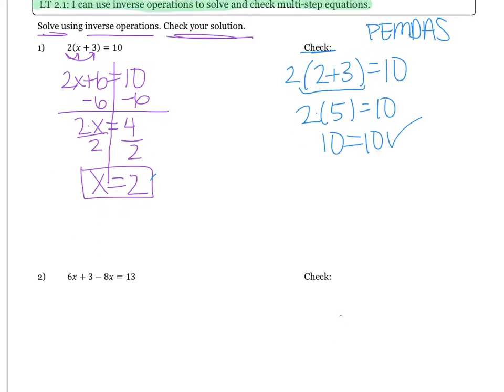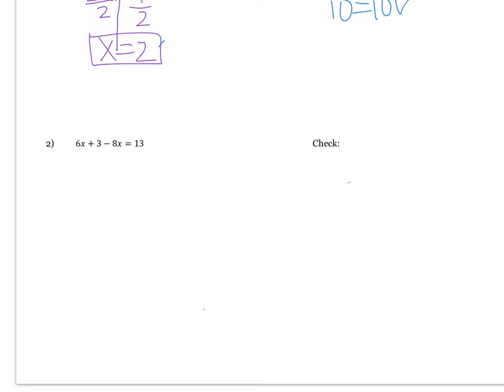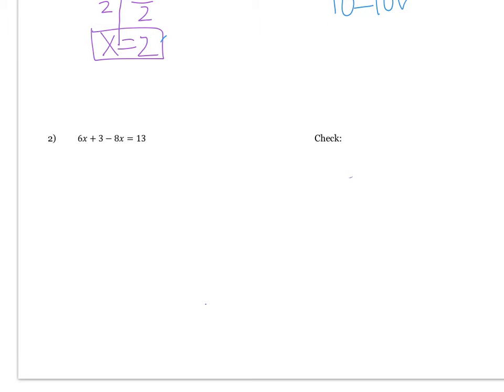All right, moving on to number 2. If you take a look, we've got some like terms that we need to simplify first. So what I would do is square them, and remember to bring the sign that's in front of it with it. So I'm going to rewrite this. I get 6x minus 8x plus 3 equals 13.